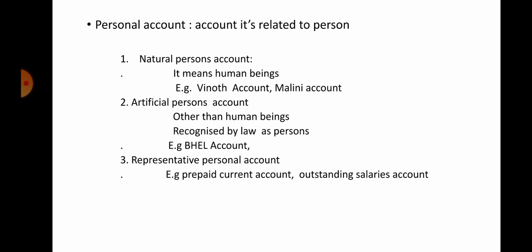Now let us see each and every account in brief. First concept, personal account. It's related to a person. Some person's name is related in this personal account. First one is natural person's account.